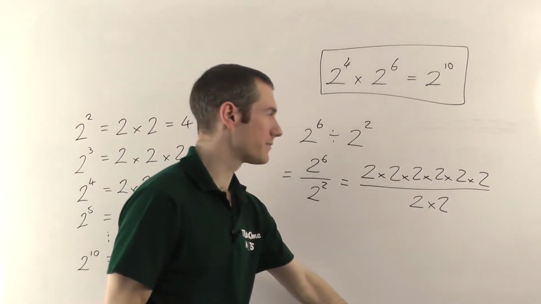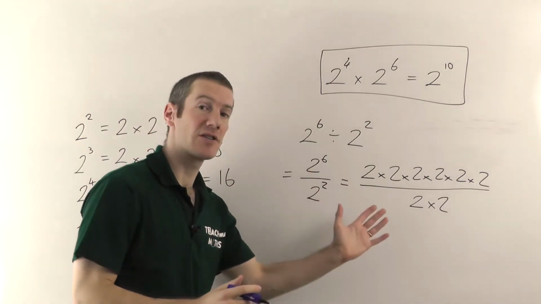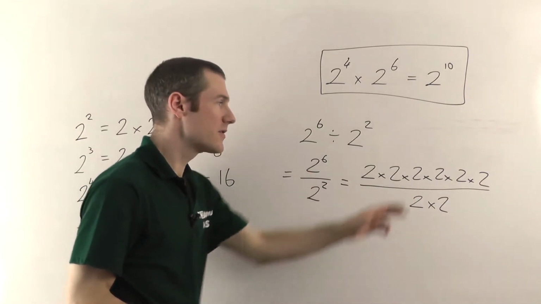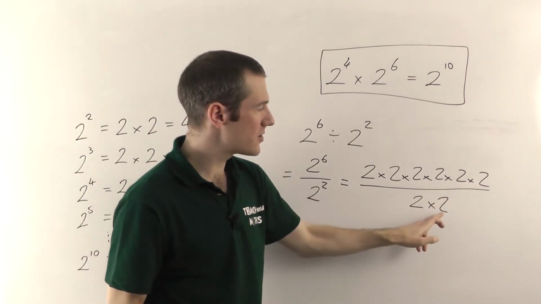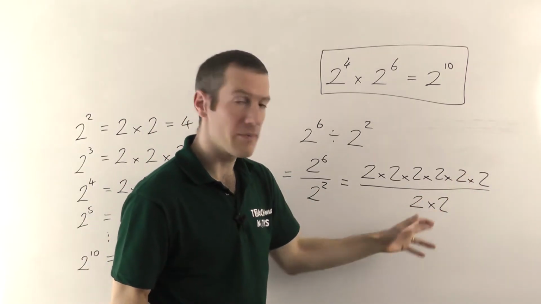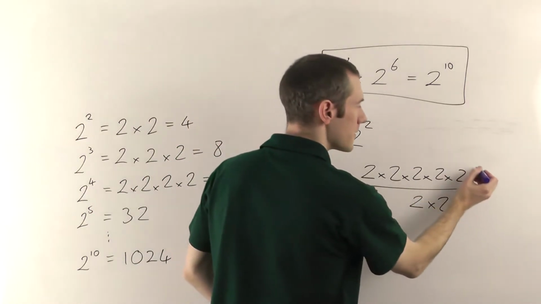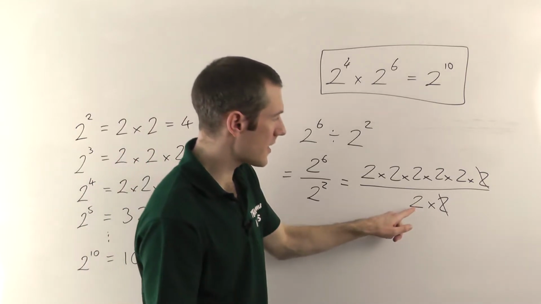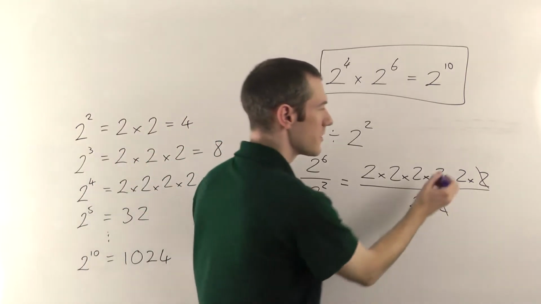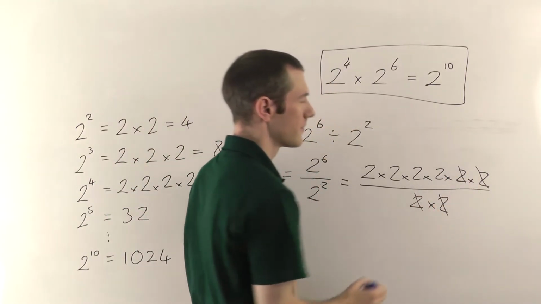You've got 2 2's multiplying. And because it's a fraction, we can cancel. Remember, you can divide the top and the bottom by the same thing. So because I've got a 2 here and a 2 here, I could divide the top and bottom by 2. Effectively, I can just cancel each of those 2's. And I could cancel these 2's as well. So that 2 will cancel with that 2.